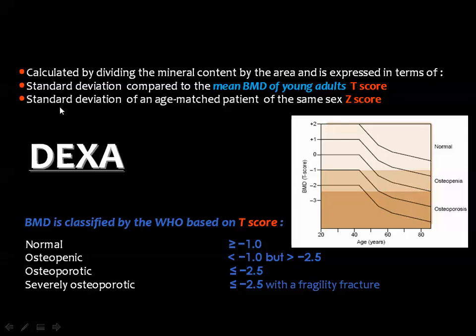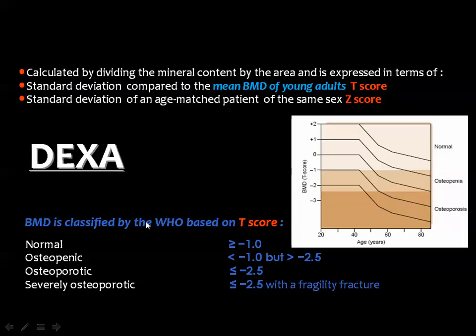And by the Z-score, there is a standard deviation of an age matching volunteer of the same age and the same sex to the patient who is not complaining of any symptoms related to osteoporosis, and this is the score.